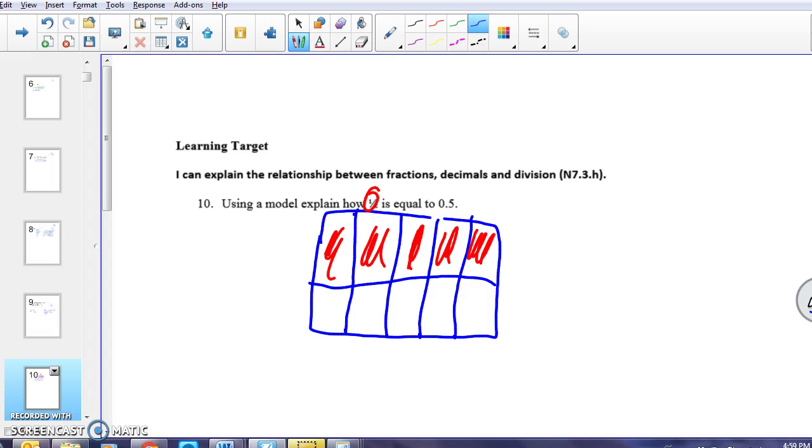So I could show how it's half of a whole. So again, if this represents one whole, this equals 1, I would shade the same 5. So I just used the model to show that. So if you got that right, give yourself a mark out of 1.